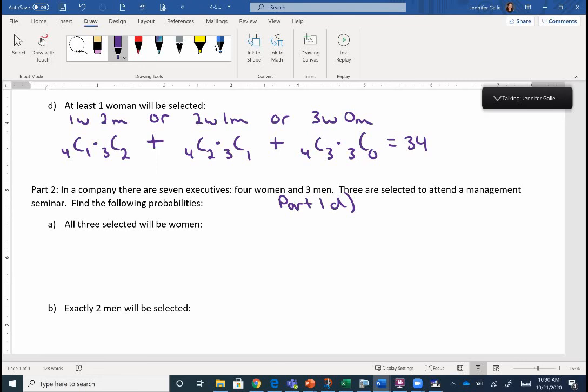We're not into the probability piece yet. This is just how many ways. You can still use the complement. We just have to find the total number of ways first. So the total number of ways to select 3 people.